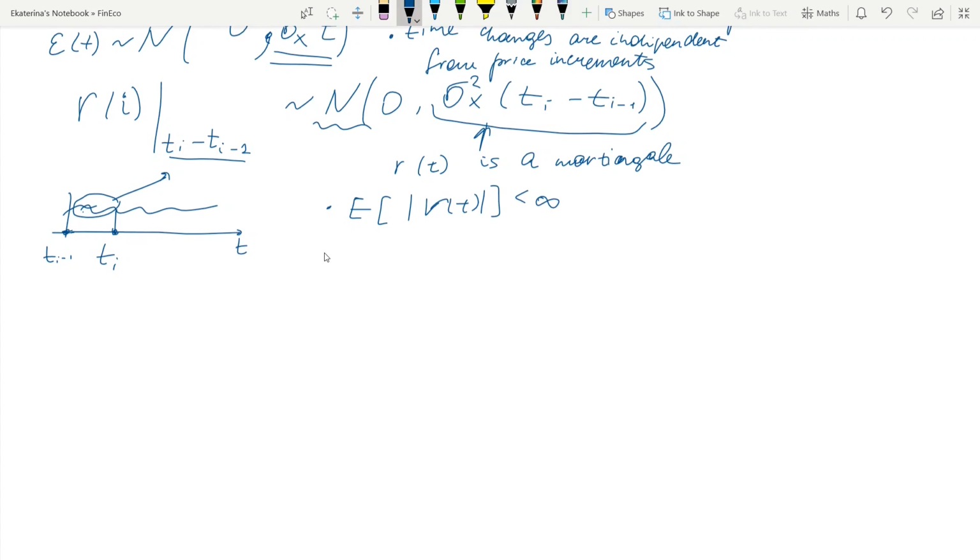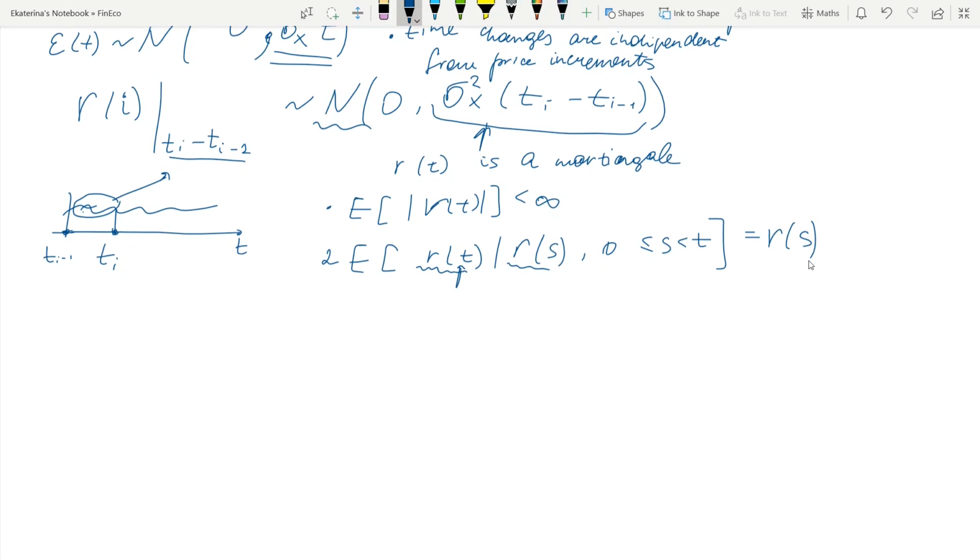The most important property is that if you forecast the continuous time return at time t, given the information on the continuous time return process up to s, where s is somewhere between 0 and t, then the best you can do is take the last available return value.